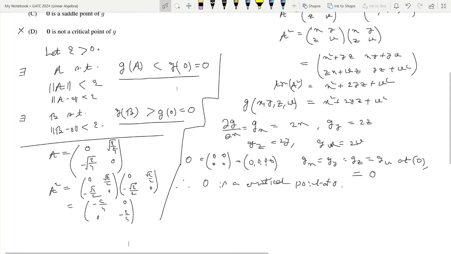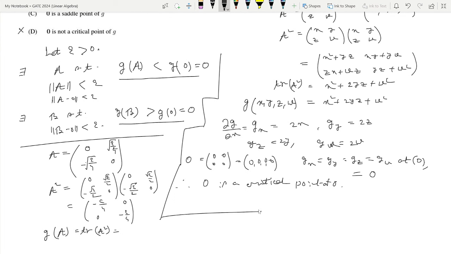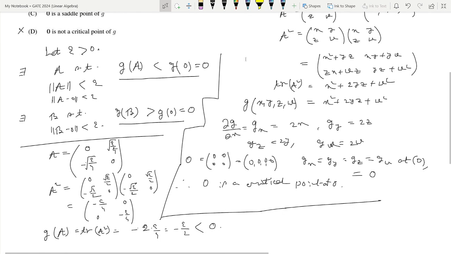So clearly we have GA equal to trace A square, that is equal to minus 2 into epsilon by 4, that is minus epsilon by 2. So clearly this is less than 0, as we have taken epsilon greater than 0, and that is equal to our G0.